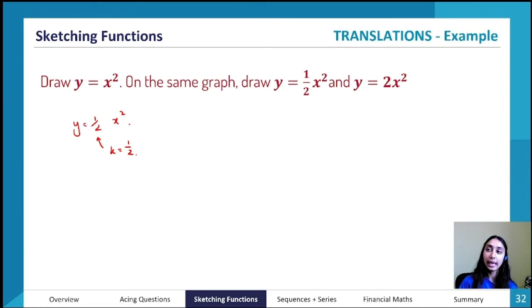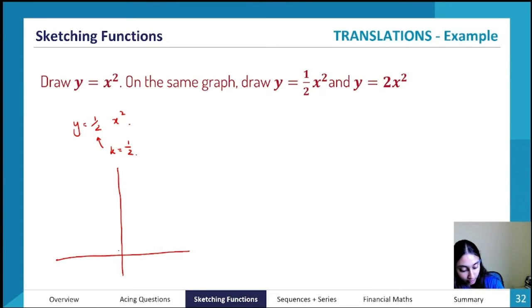We've got a dilation by a scale factor of a half, so the curve is going to be squished. It's going to become half the height that it actually is. If this is our original curve, then our new curve is going to look a little fatter.